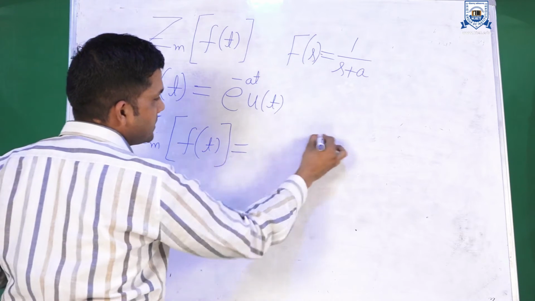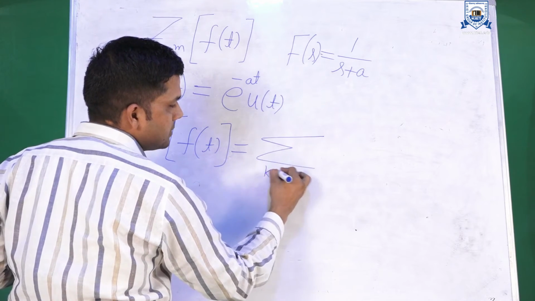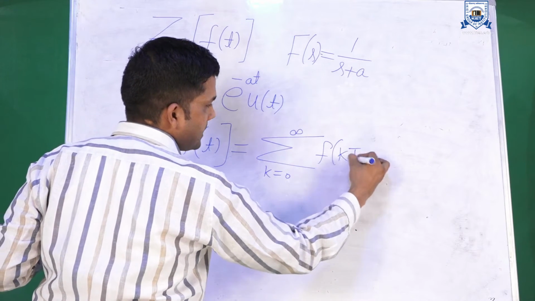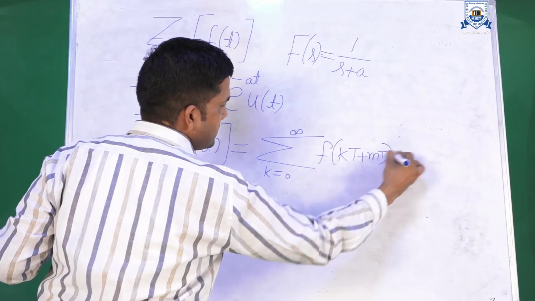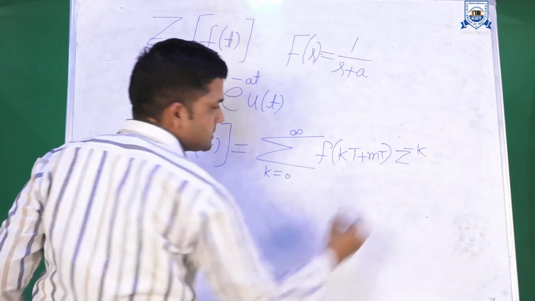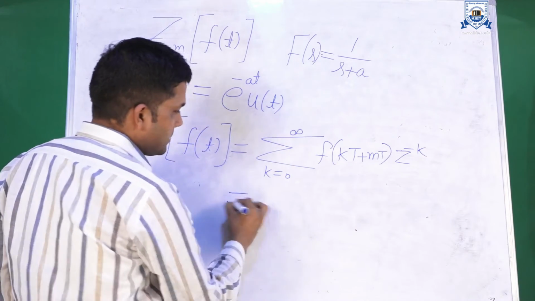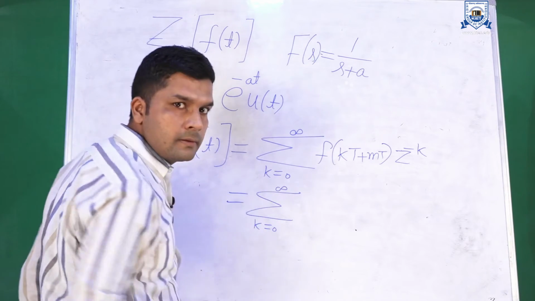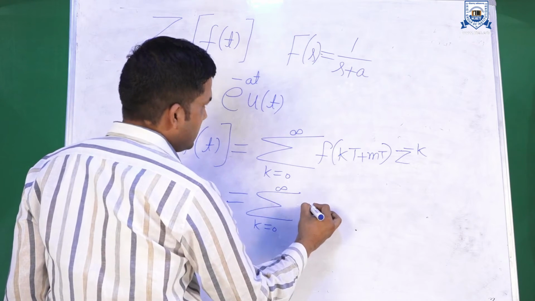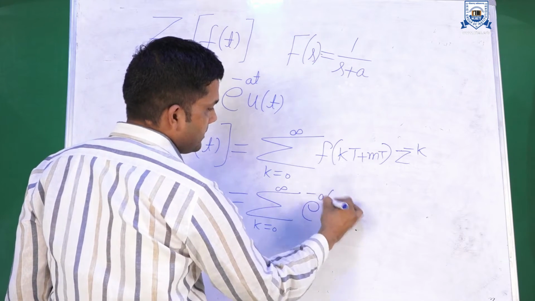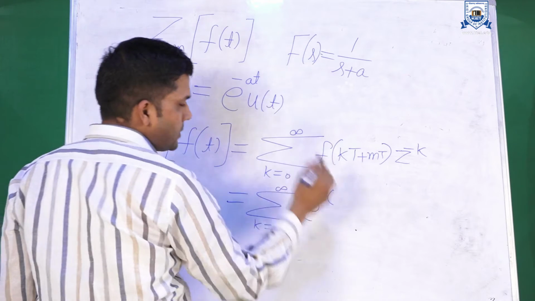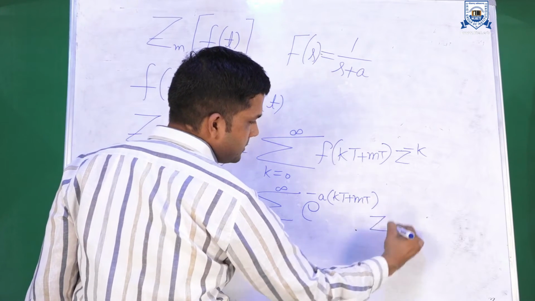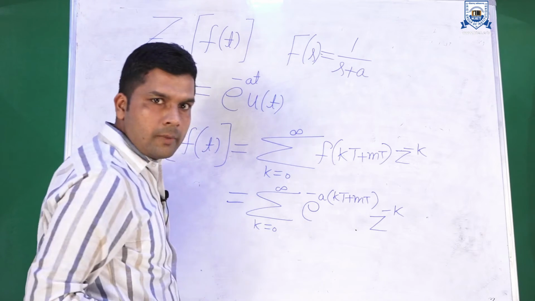What is the formula? Summation k is equal to 0 to infinity f(kT plus mT) into z to the power minus k. Now summation k is equal to 0 to infinity e to the power minus a, put t is equal to kT plus mT, into z to the power minus k.